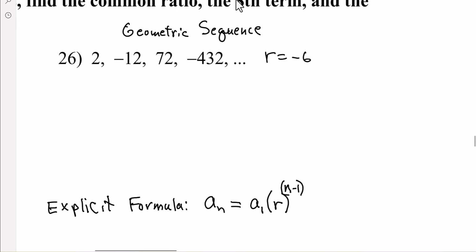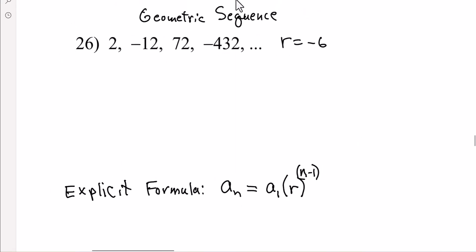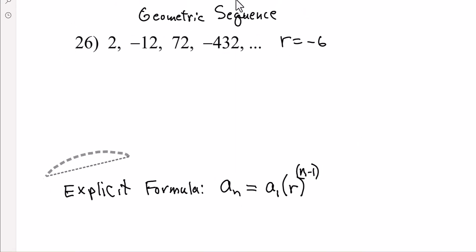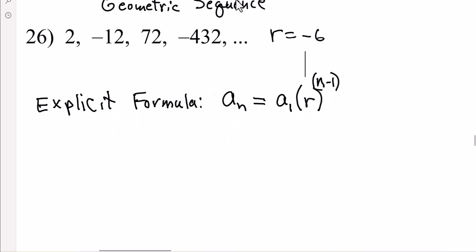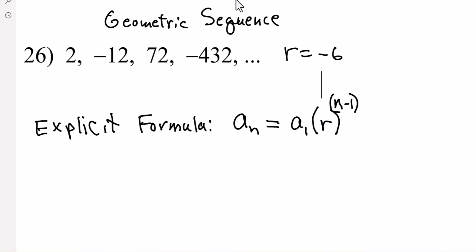So it has a different explicit formula than the arithmetic. And I'm going to move this up a little bit. Okay, so this tells us the term we're looking for, and then this is the first term, this is the common ratio, and then it's the number of terms, so it's this n subtract 1.